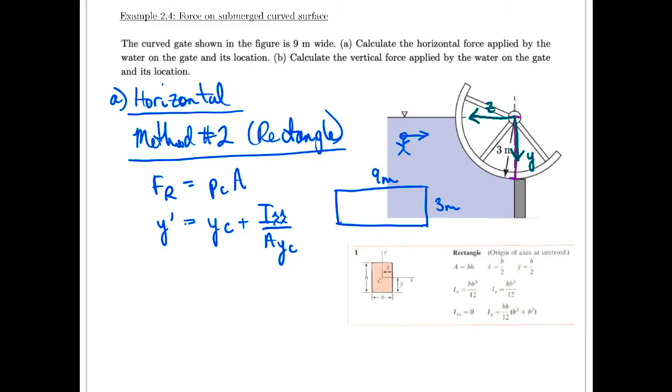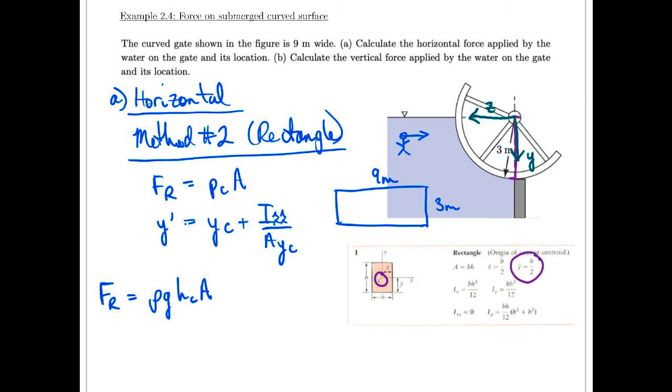Okay, so I'll sub in here for the force first. Looking through these variables, it's density we know, gravity we know, h_c, that's the height of the centroid. I can get that centroid value from a table like the one that I've shown here. We see that c here is labeled as the centroid, and then the y value of the centroid shows us that it's just in the middle of the plate.